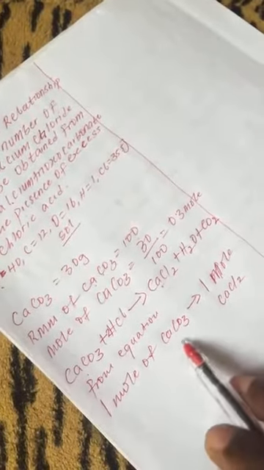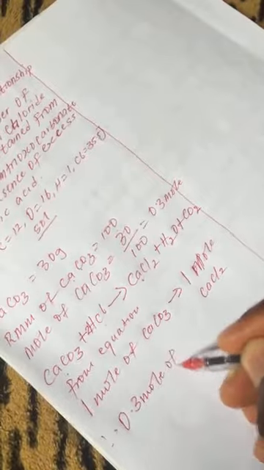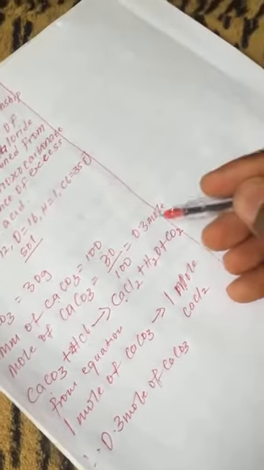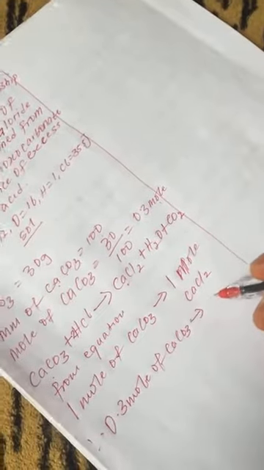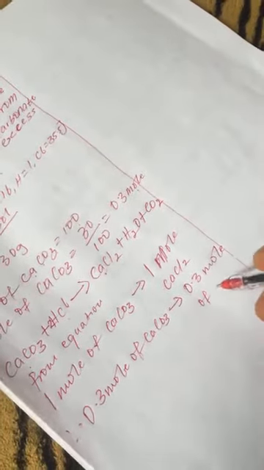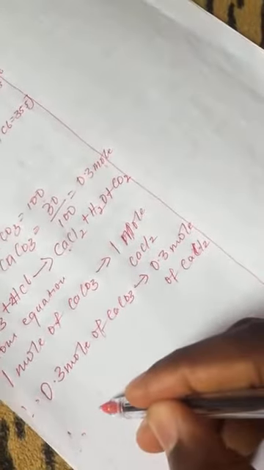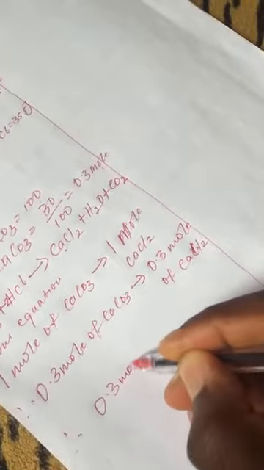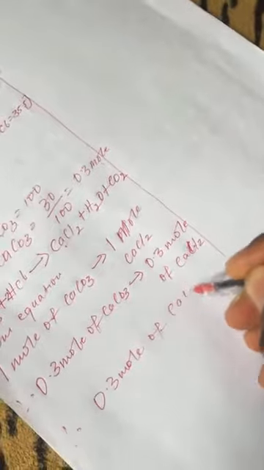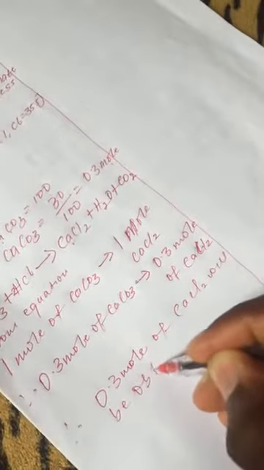So if 1 mole of calcium trioxocarbonate(IV) produces 1 mole of calcium chloride, then it means that the 0.3 mole of calcium trioxocarbonate(IV) that we have solved for will also produce 0.3 mole of calcium chloride. So the answer to this question is simply that 0.3 mole of calcium chloride will be obtained.